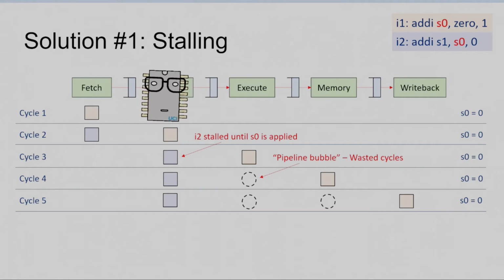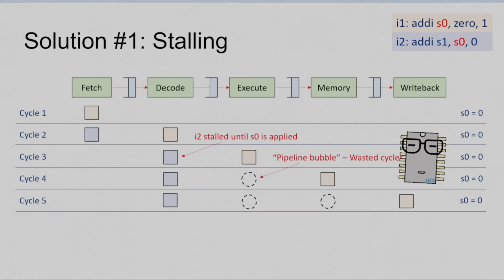So at cycle 5, instruction 1 has reached the write back stage, but the value of S0 as visible from the register file has not been applied yet, because if you remember, the write results, the state changes, are only visible to the rest of the circuit at the next cycle. So now we have 2 pipeline bubbles.